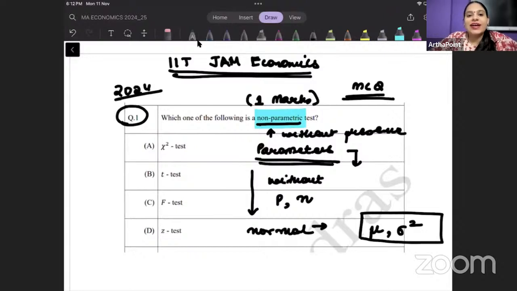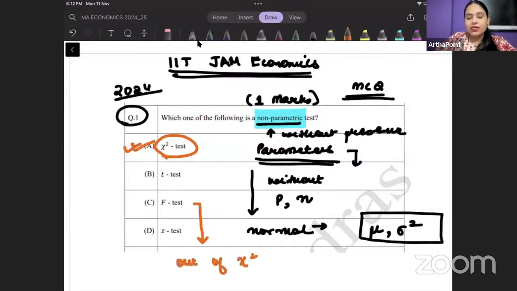A. Good. That is the correct answer. The correct answer to this question should be A. But can you tell me why? Anyone? If you can, please tell me why would that be true? Why is A the correct answer? Why don't we need parameters in chi-square? If you remember, F test is created out of chi-square only, isn't it?